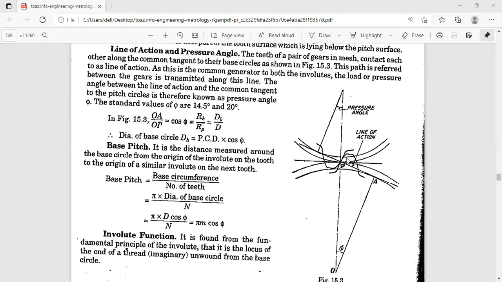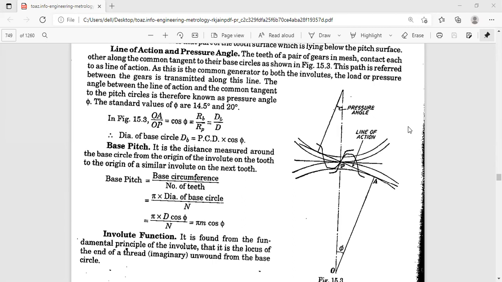Along this line of action only, because this particular tangent will be a common generator to both the involutes. Already I told you, for the spur gear we have cycloidal profile for large gears, and for small gears we have involute profiles.